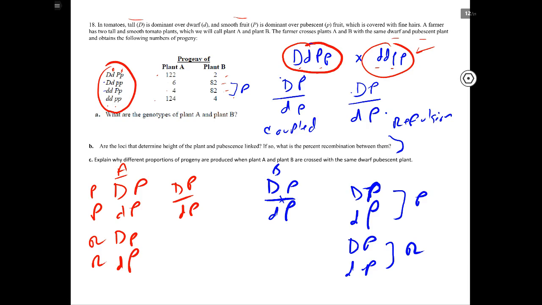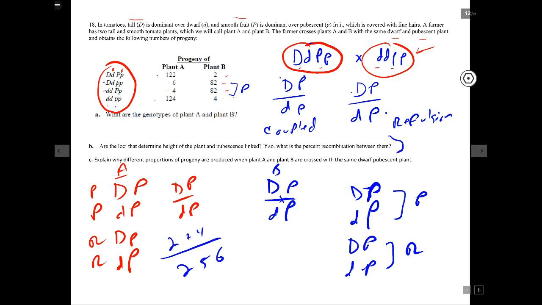Alright, so let's calculate this out. In the first case, we've got 2 plus 4 over the total. And so in plant A, we've got 122 plus 124 plus 6 plus 4 equals 256.